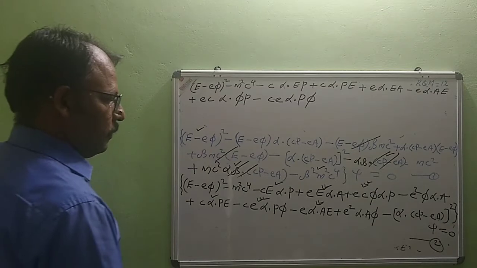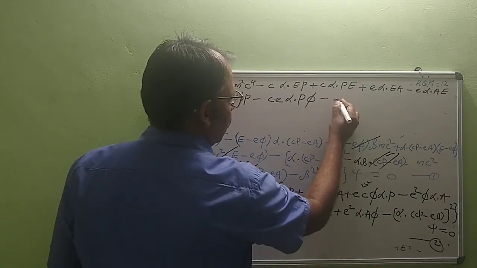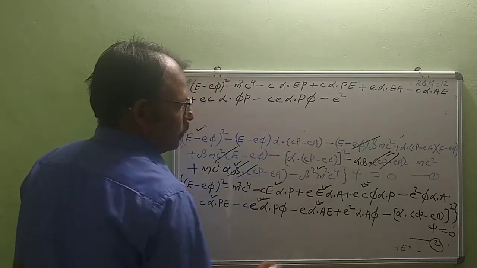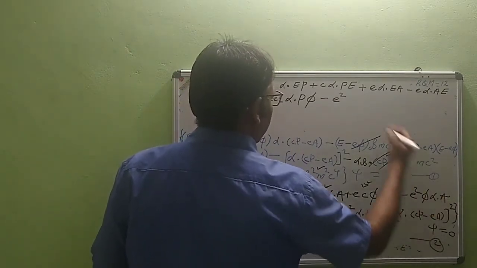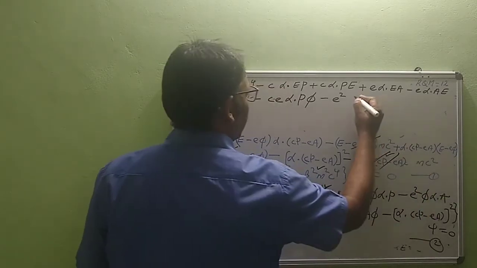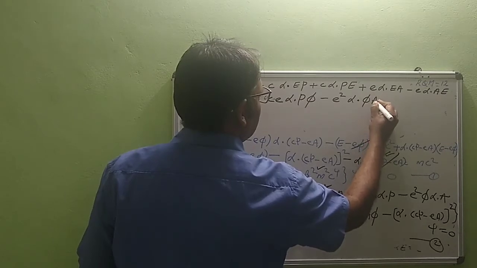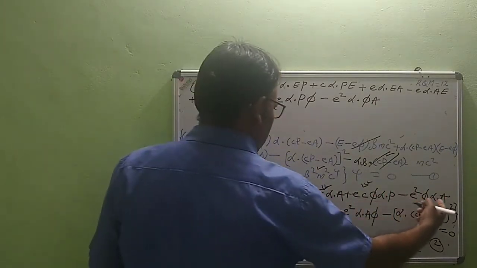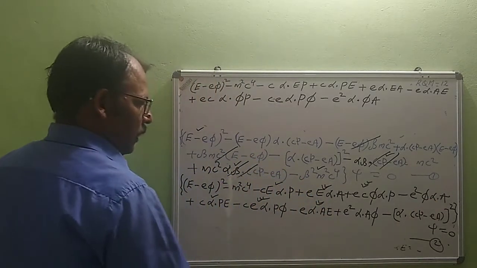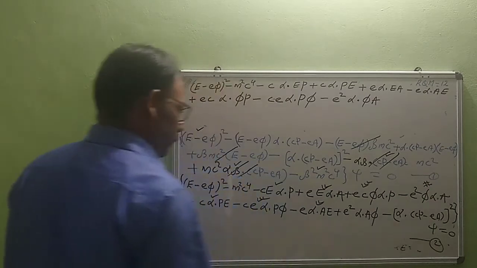Now the remaining term, minus E square φ alpha, same as alpha φ, so it is alpha dot φA.